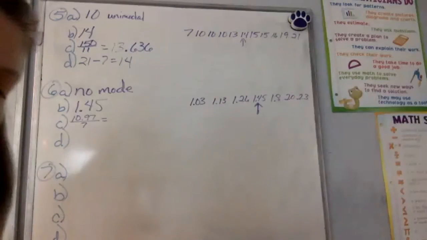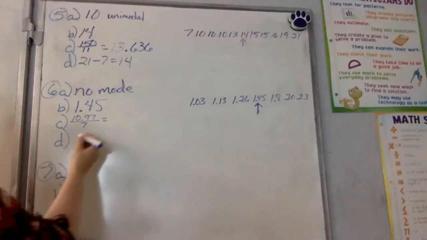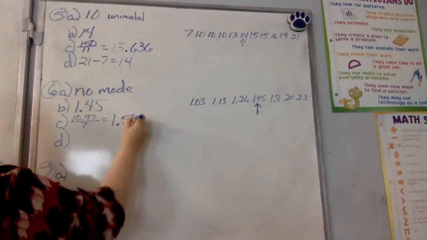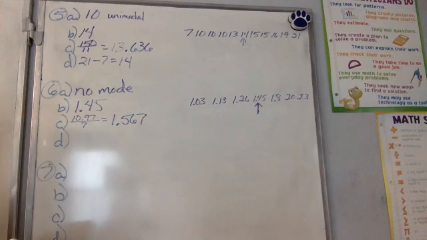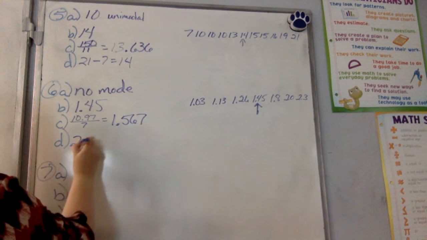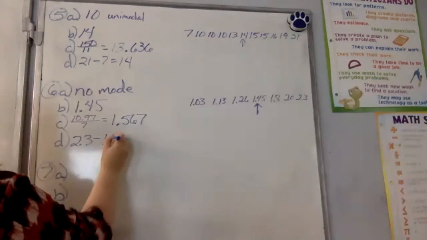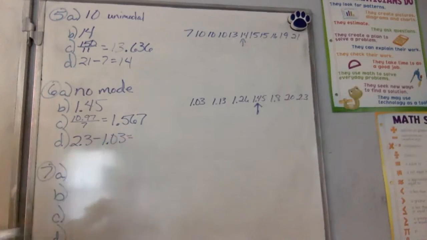So it's 1.567. That's your average. And then your range is the highest value minus the lowest. So 2.3 minus 1.03 is 1.27.